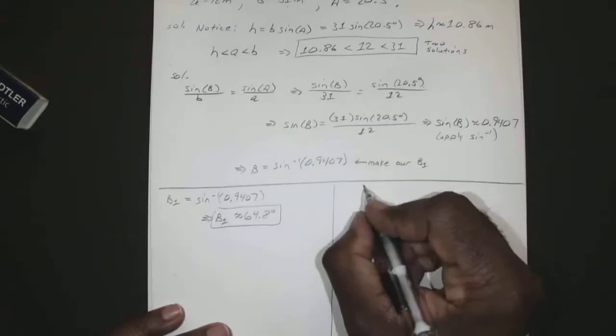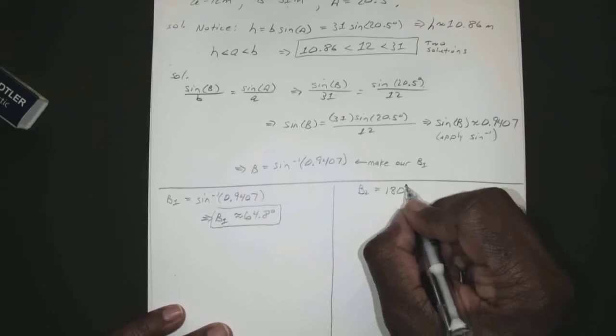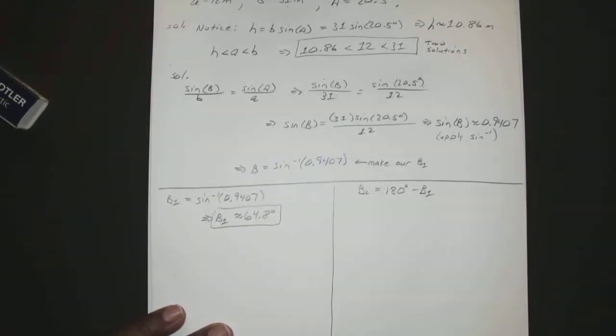Now remember, your B2 is just equal to 180 degrees minus B1.